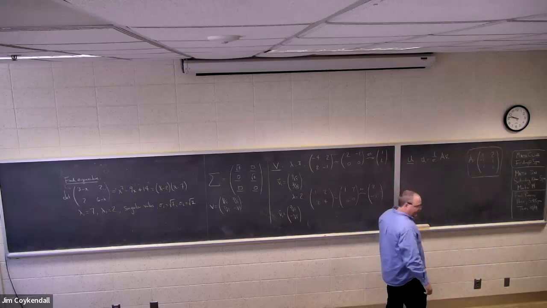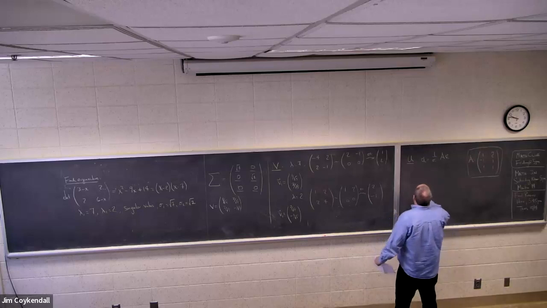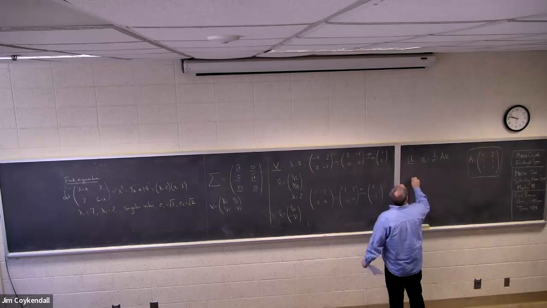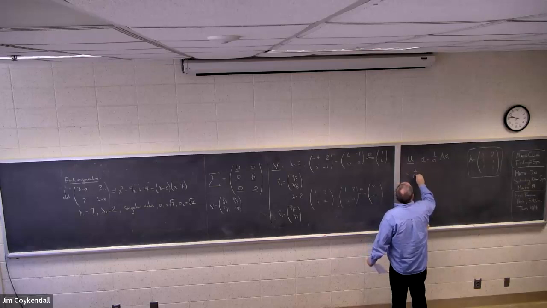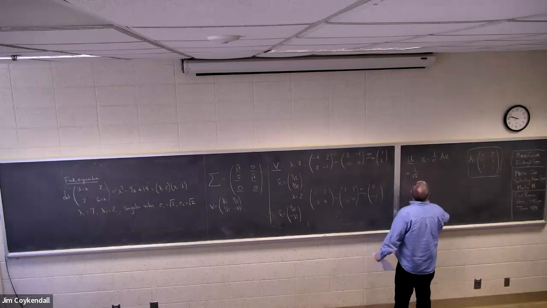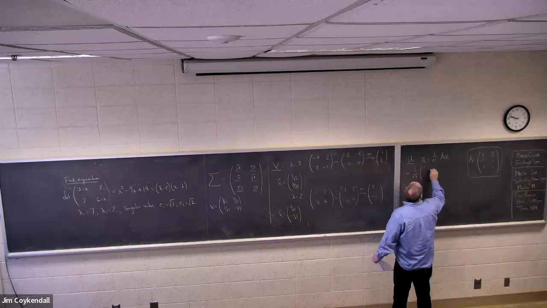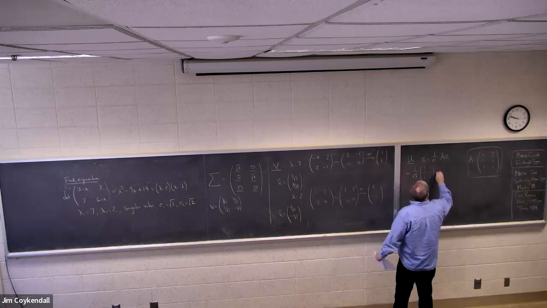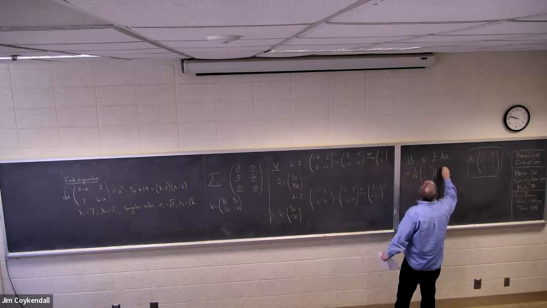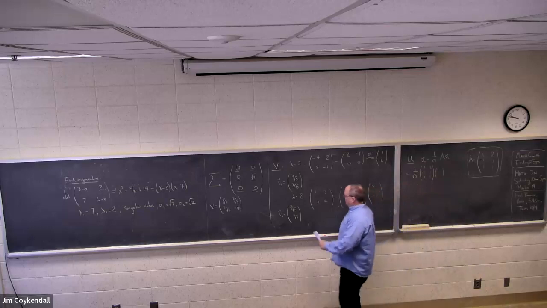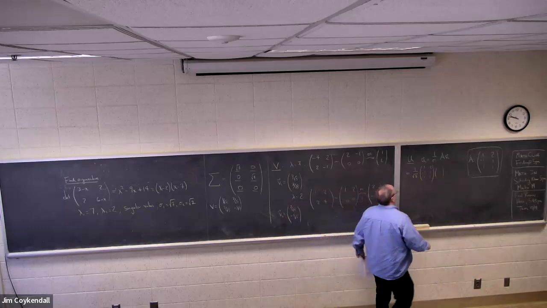So U1 is this. So what is U1 in this case? This is 1 over radical 7 times A V1. And what was V1? It was 1 over radical 5, 2 over radical 5.